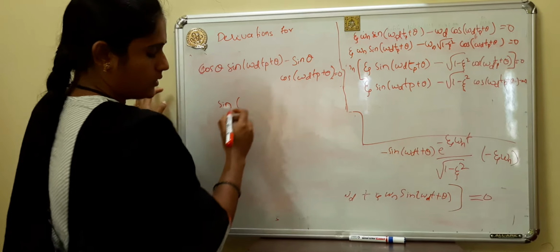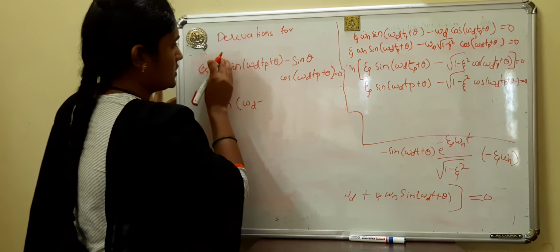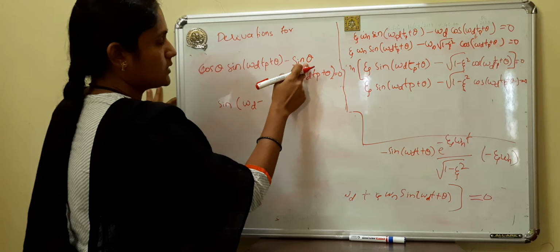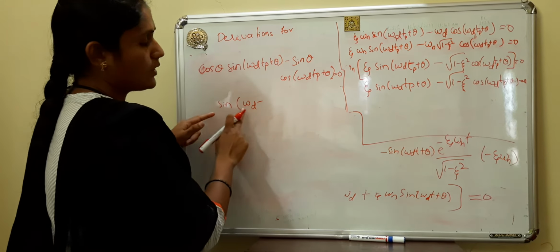a minus b. So that is sin of a minus b, where this is a and this is b. sin a cos b minus cos a sin b is equal to sin of a minus b.